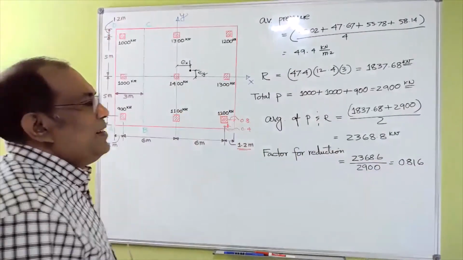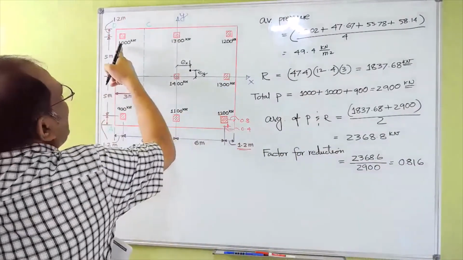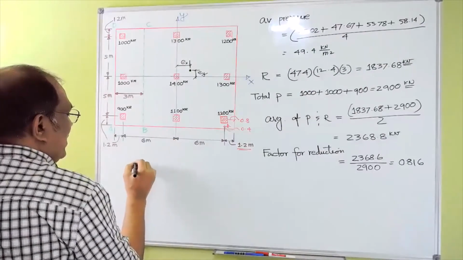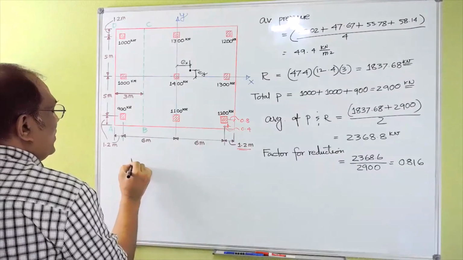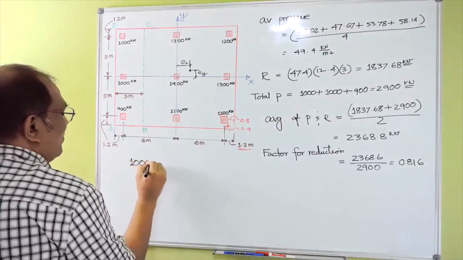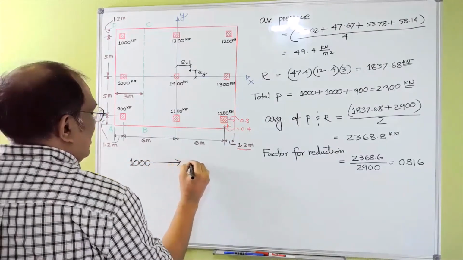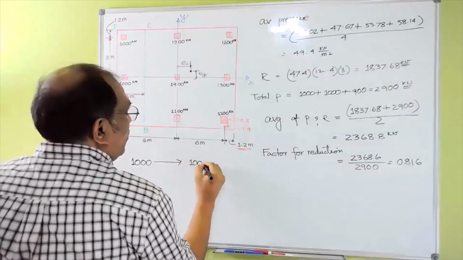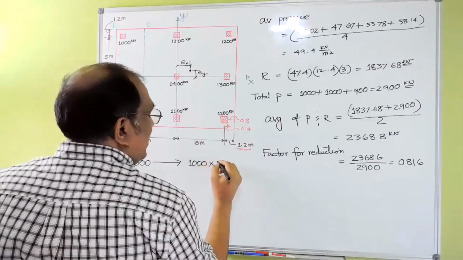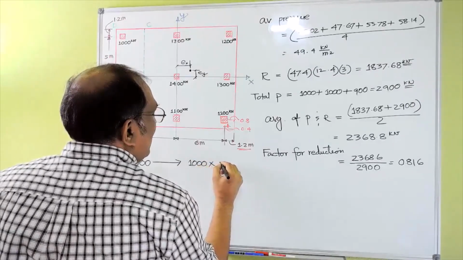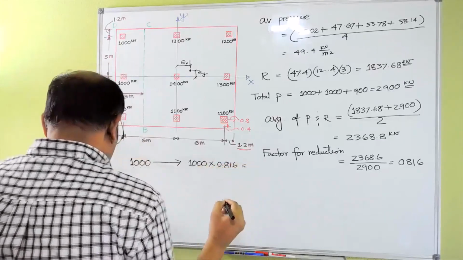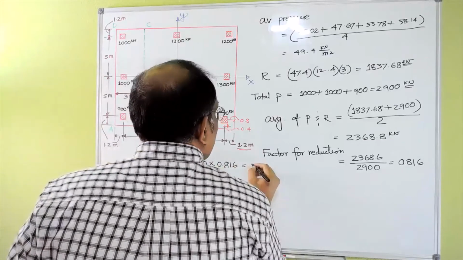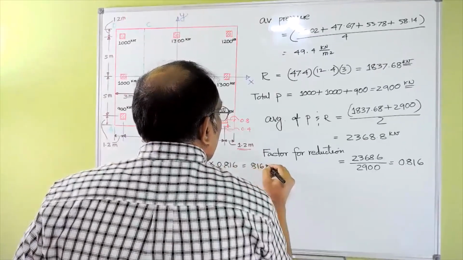Okay, so what would be this load here? The load 1000 will reduce to 1000 times 0.816, so 816 kilonewton.